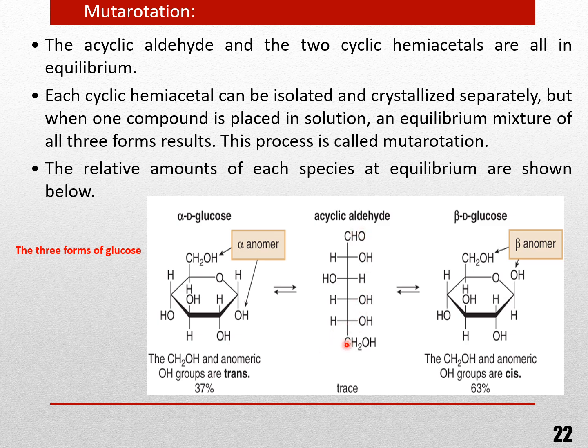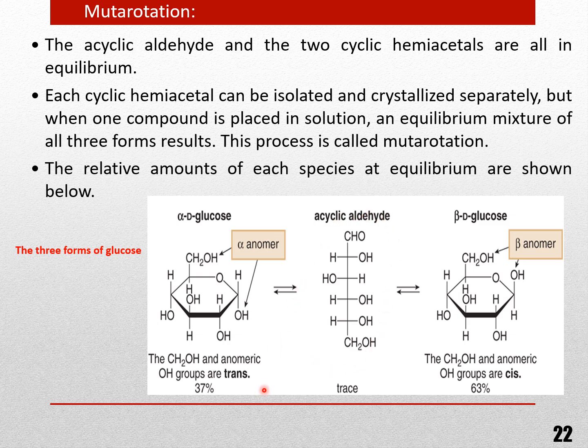Based on this carbon here, carbon 5 will get connected to carbon 1, and whichever cyclic form is dependent on what happens at the end. Most of the time, 63% will be beta D-glucose, while 37% will be alpha D-glucose when this structure becomes cyclic.